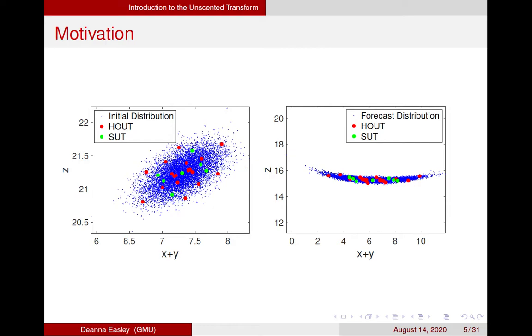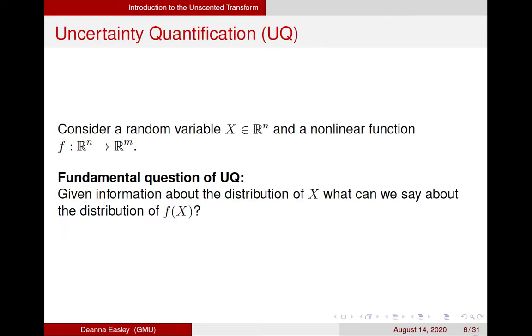An important application of this is the Kalman filter. One of the fundamental questions we are trying to look into here is, given the distribution of a random variable x and a function f, what can we say about the distribution of f of x?